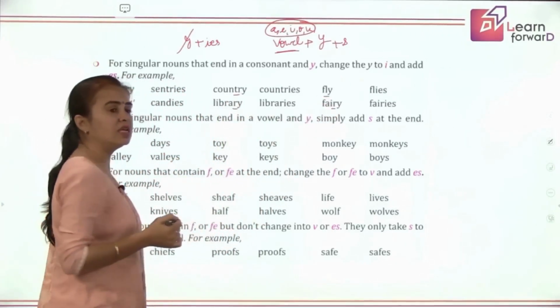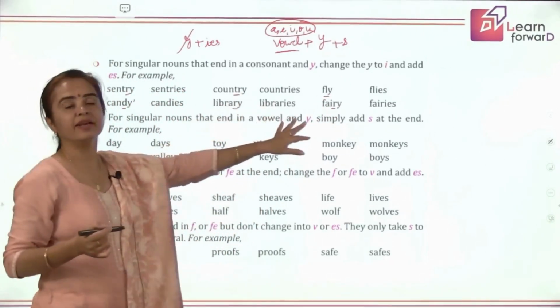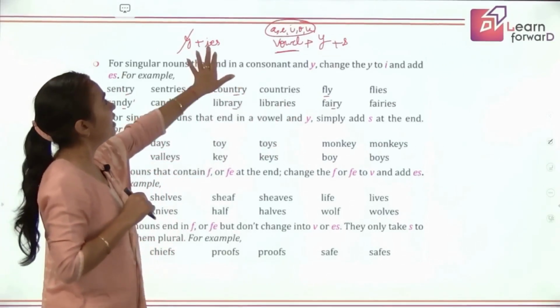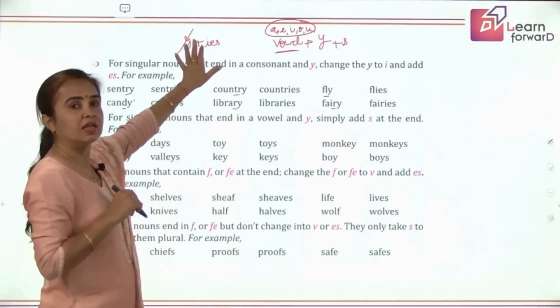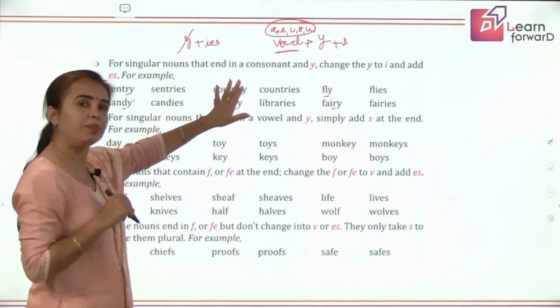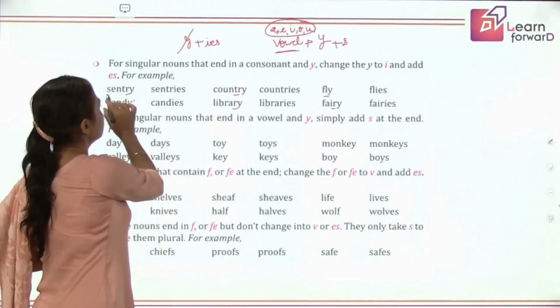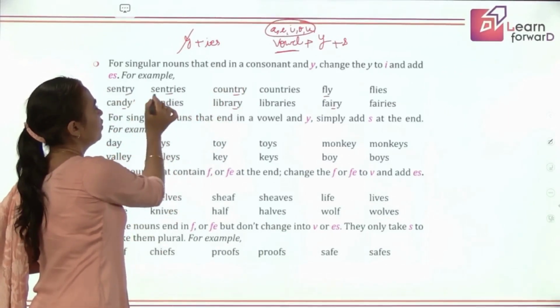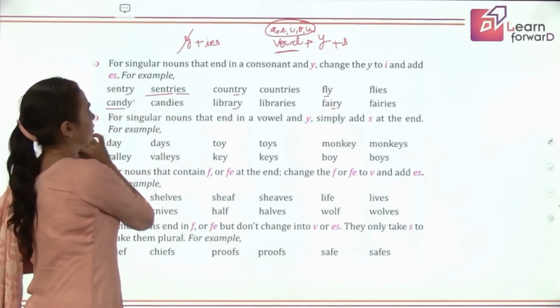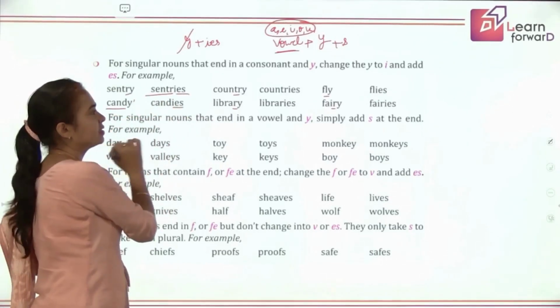So what you see is each of these underlined letters are consonants. They are not vowels. And what I have told, if they are not vowels, then you will drop y and add ies to get the plural form. So century, up to here you have written and added ies. Candy, then ies.